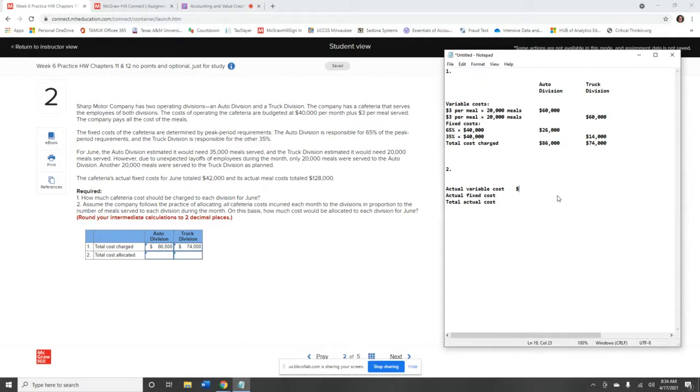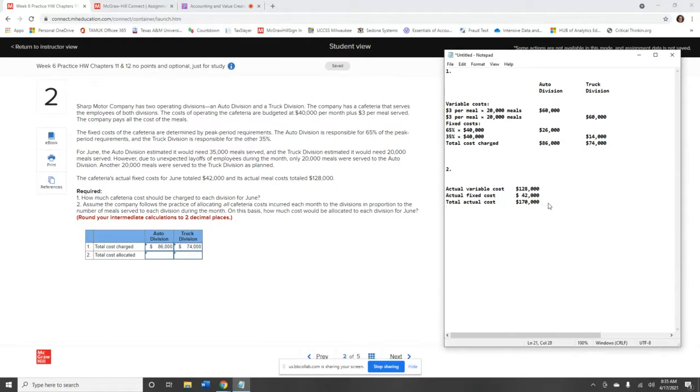So our actual variable cost, they told us, was 128,000, and our actual fixed cost, they told us, was actually 42,000. And so when you add those up, they add up to 170,000. All right, so there you go.